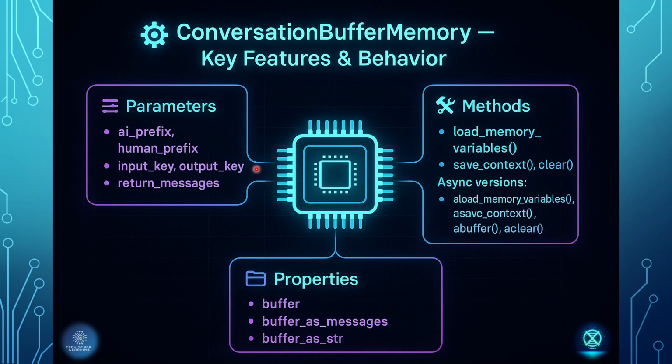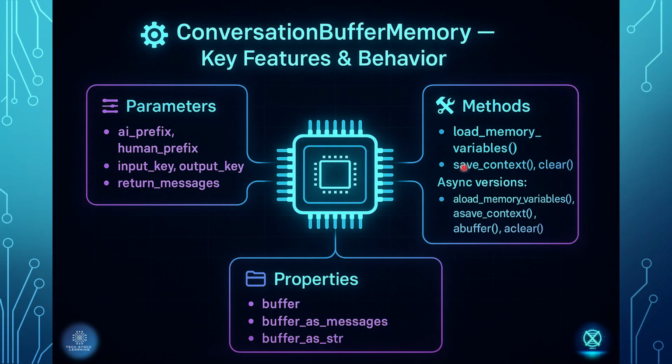Then you will have input key and output key, which tell memory which input field to treat as user input and which output field to treat as the AI response. That can be updated. Then return messages is true to return a structured message, else it will give plain text. Those are the parameters which buffer memory offers.